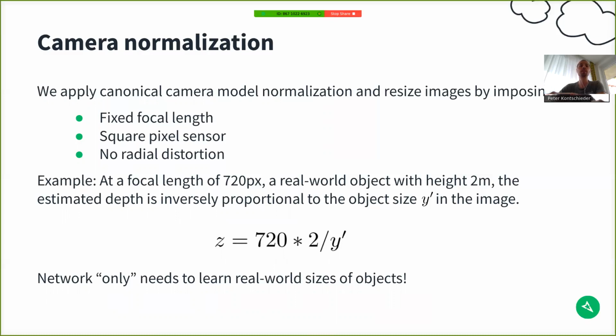We assume a square pixel sensor and no radial distortion. For example, when running experiments on the KITTI dataset, there's a fixed focal length of 720 pixels. This is our reference focal length that we applied. When constraining the camera in that sense, what is eventually left for the network is to estimate the real-world sizes of objects.